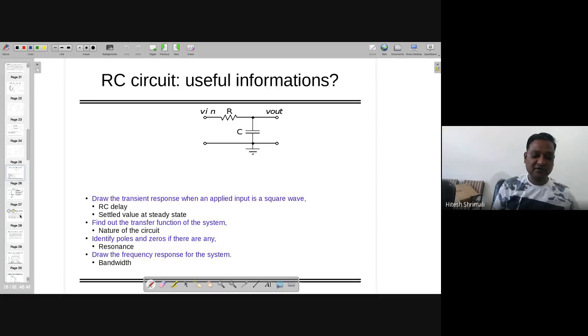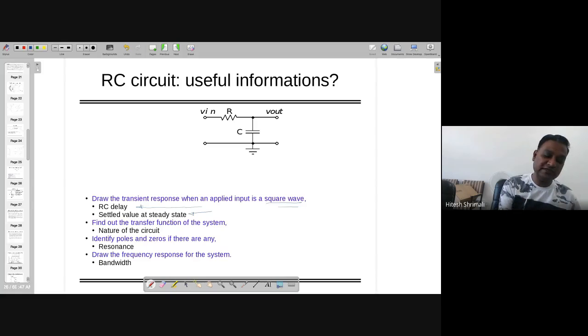Like from here, what we can find out, if you are applying square wave, you know what is the RC delay. This is going to be useful to find out what is the propagation delay going from low to high and going from high to low using inverter, or maybe in the case of combinational logic. Notably, we want everything at steady state. We don't want anything in between.